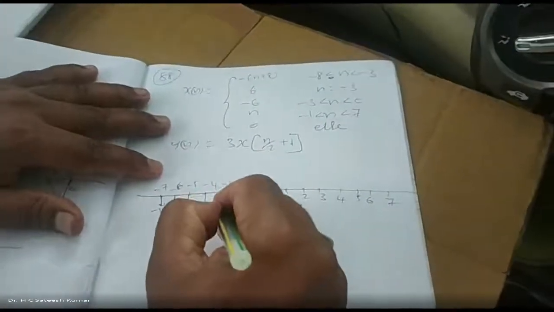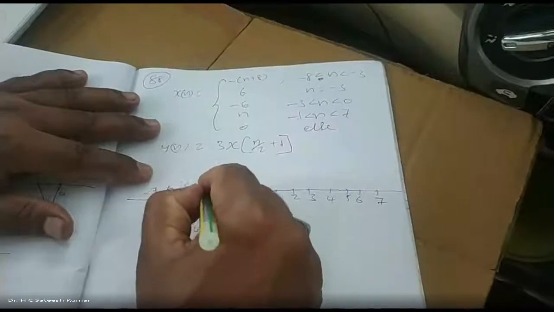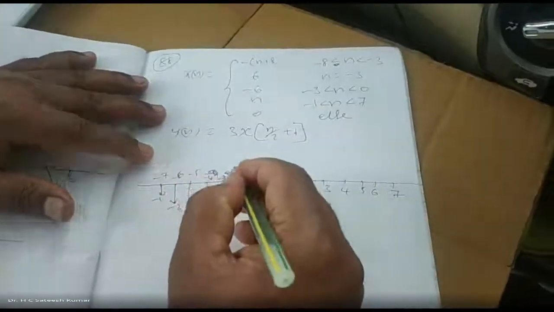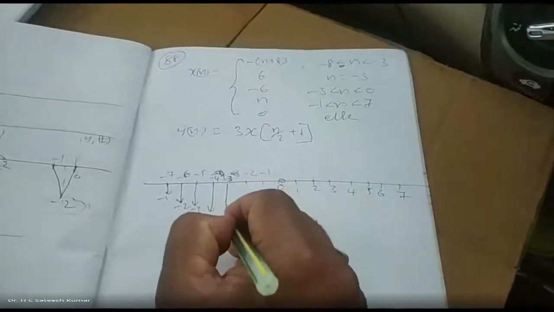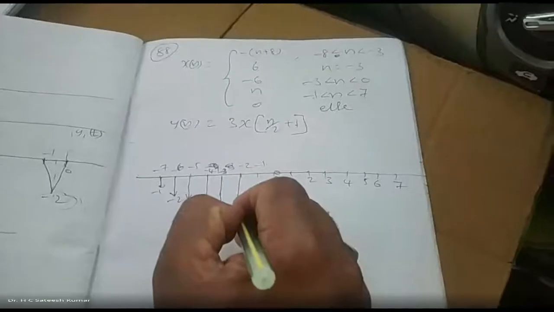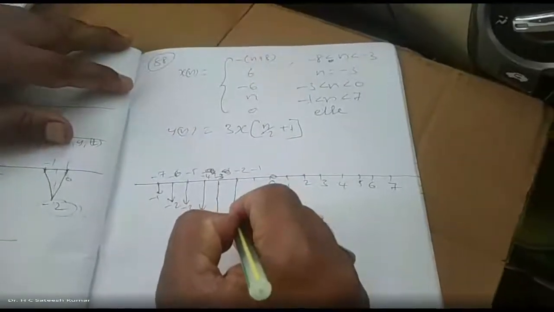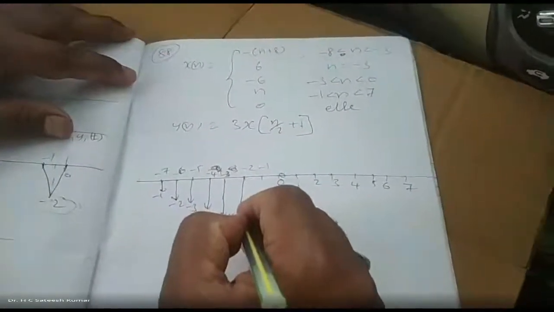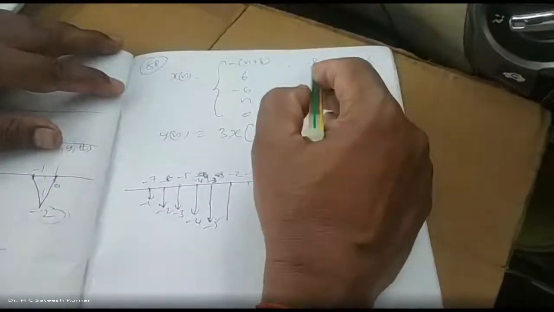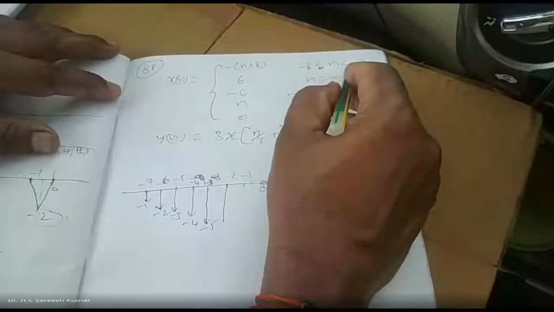At minus 3, this is your minus 4 and this is your minus 3. At minus 3 you will get minus 5. At minus 2 you will get... okay, right, sorry, up to minus 2 only. Minus 8 to minus 7 to minus 2 only.